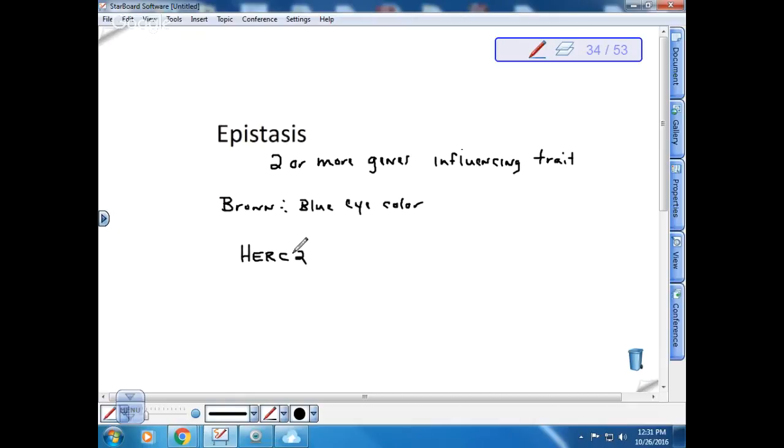That's the gene, and there are two different alleles. The normal allele is dominant, right? So I'll just give that an H. And this codes for melanin. Okay. So that is what determines the brown eye color.